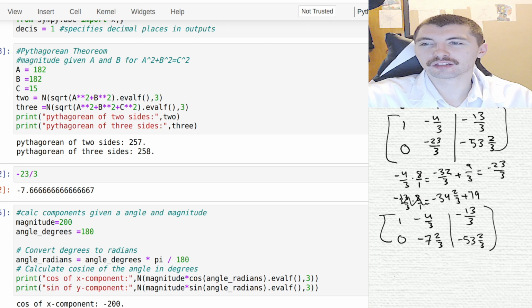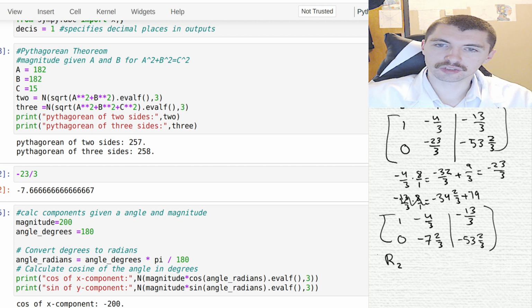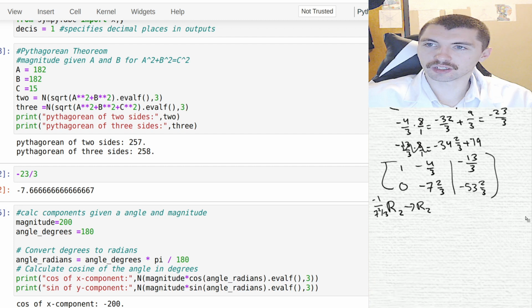I can divide both sides by negative. So, row 2, let's say 1 over negative 7 2/3 row 2.